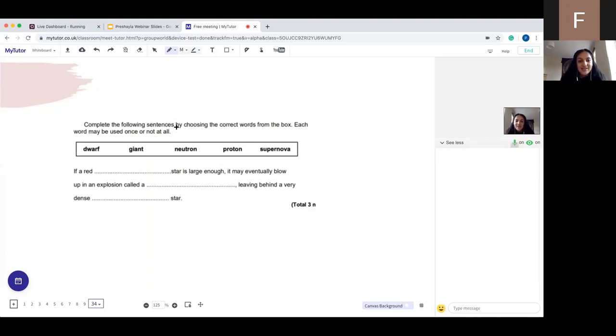Okay, so let's have a go at this first question. If a red something star is large enough, it may eventually blow up in an explosion called something, leaving behind a very dense something star. So what could fill in those gaps?